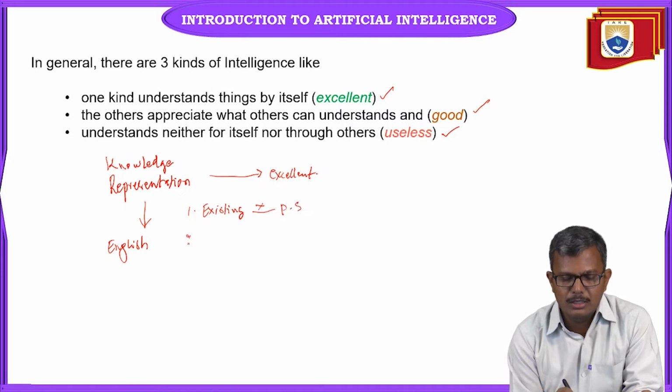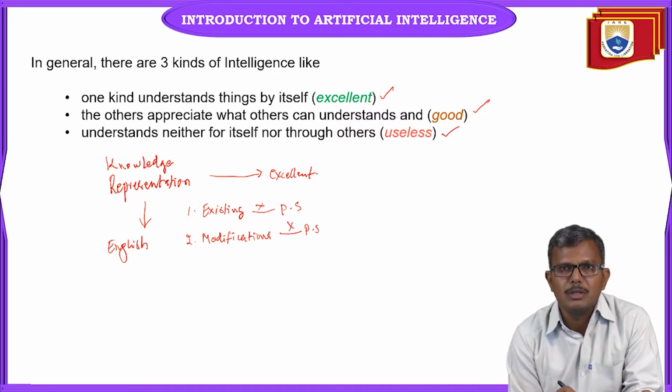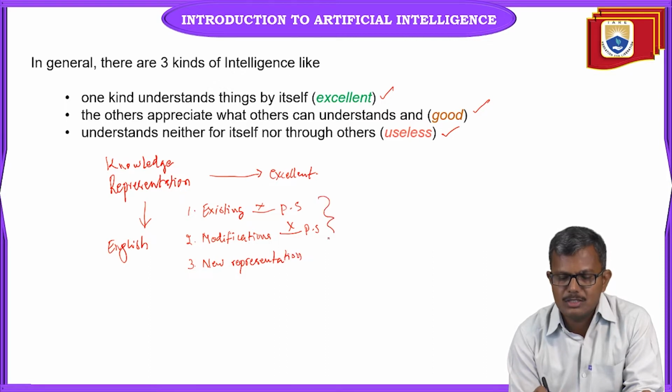Another is that even by doing some kind of modifications to the existing one, it will not be helpful for problem solving. So what we need to do is create new representations, develop our own representations to solve it. In these two cases, we can say that the knowledge whatever we are having is completely a useless one.